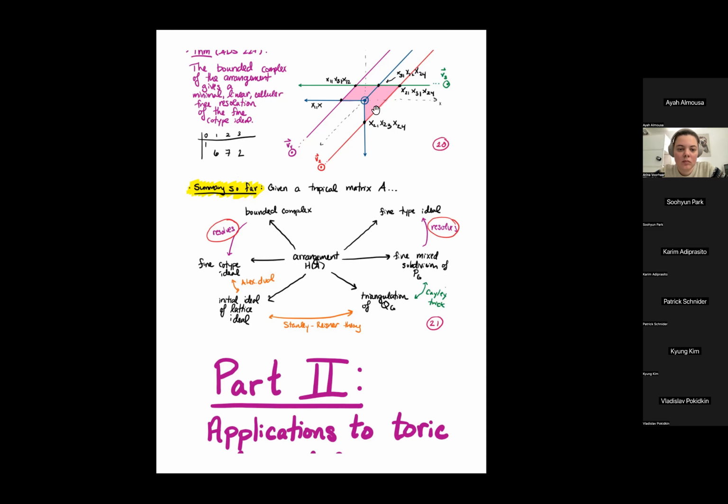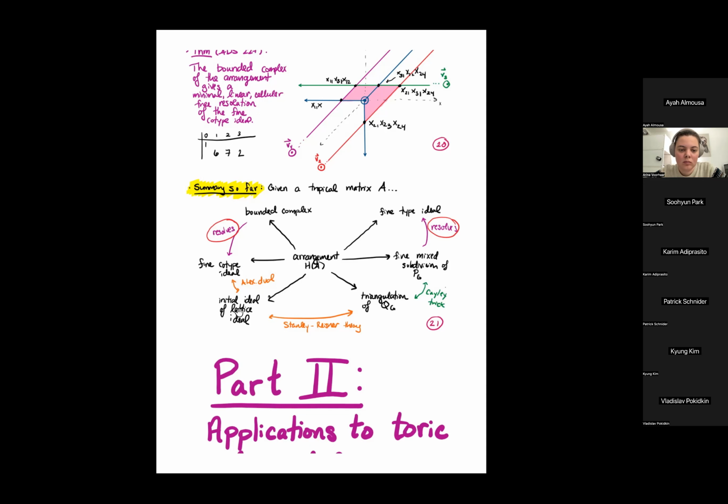And so just a summary of all of the pieces of this story today: if you're given a tropical hyperplane arrangement, it corresponds to all of these things, right? You have this bounded complex right here. So those are just the bounded cells. That is going to be a free resolution of this fine or coarse cotype ideal.